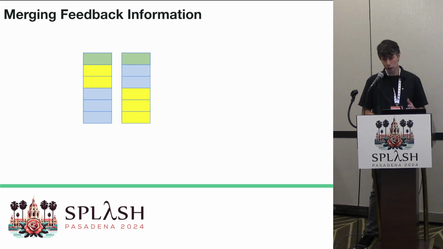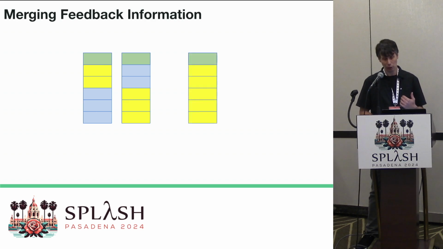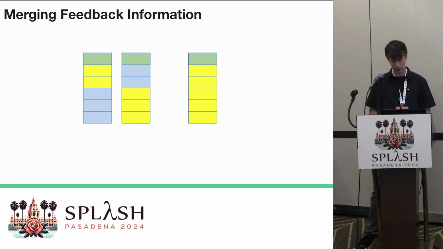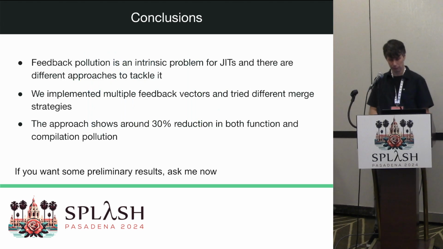So what we can do is merge this information into our feedback vector and compile for that. This is very abstract. In the paper we discuss different strategies, different heuristics for the merging. But that's about it.